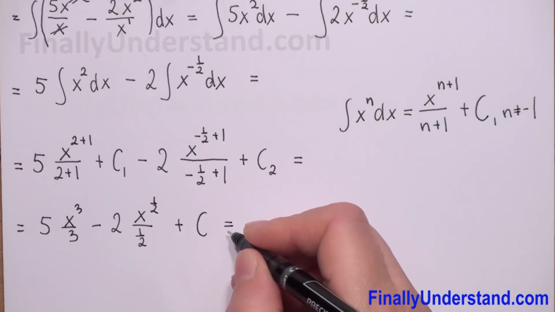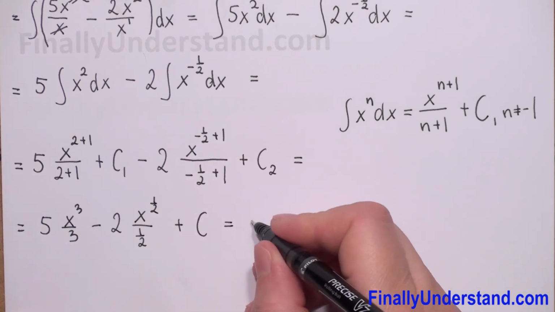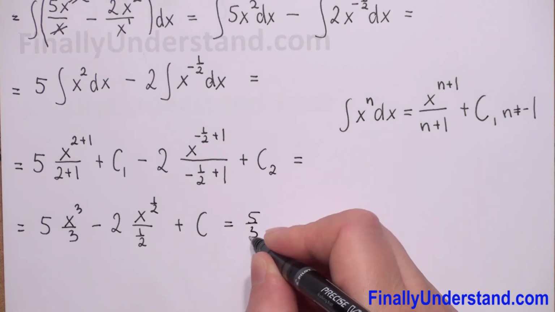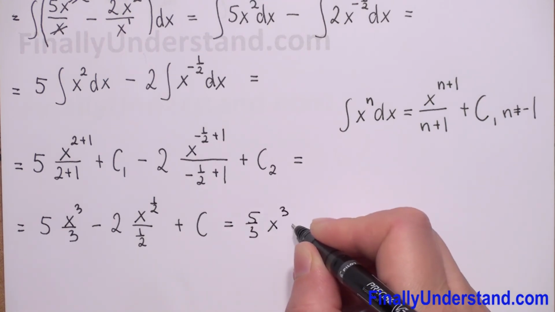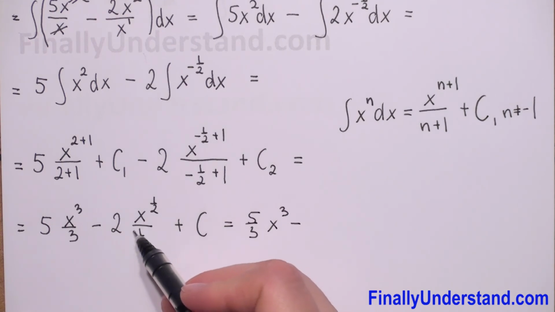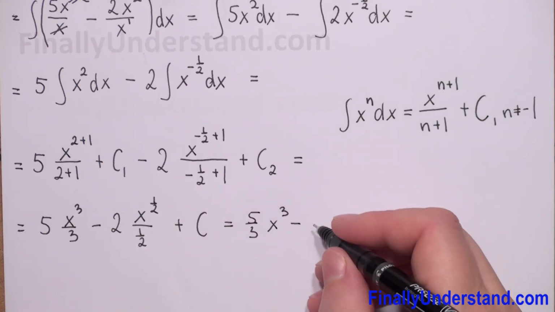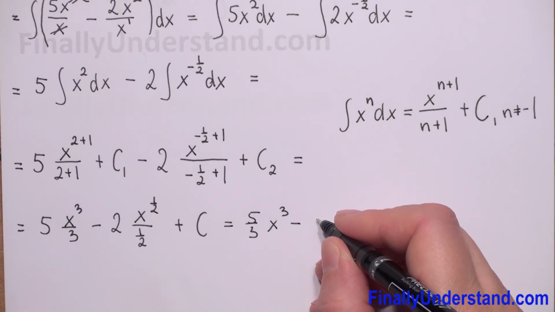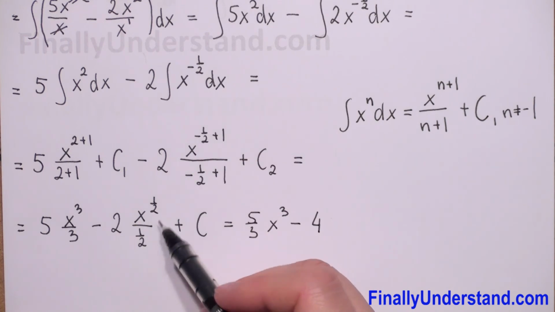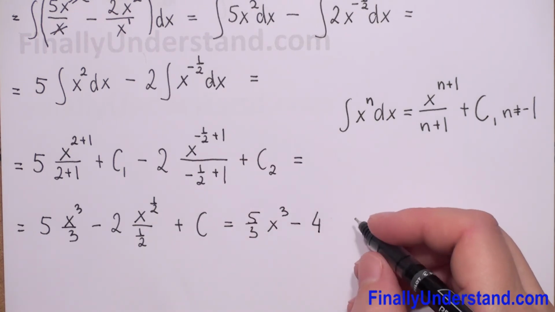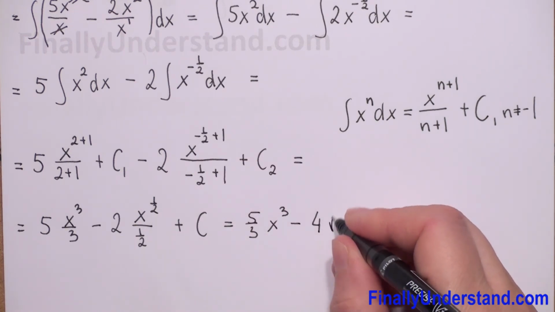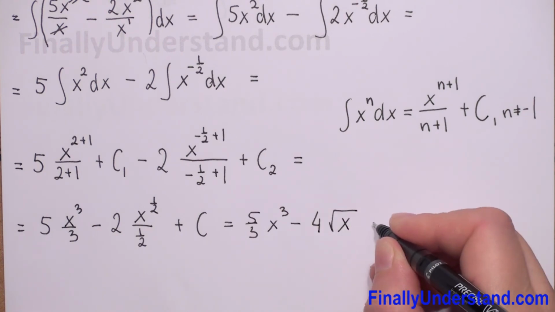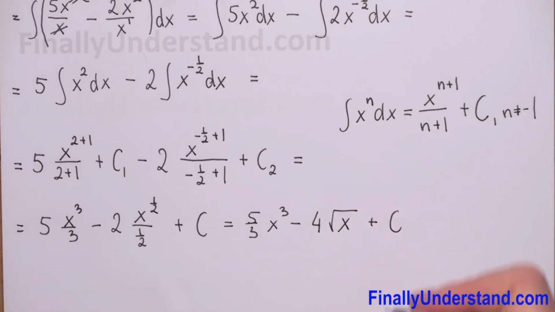So this is equal. Now we have 5 over 3 times x cubed minus, we have to flip this fraction because this fraction is in the denominator, so it will be 2 times 2 over 1, so 4 times x to the power 1/2, which we can change to the square root of x, plus c. This is my solution.